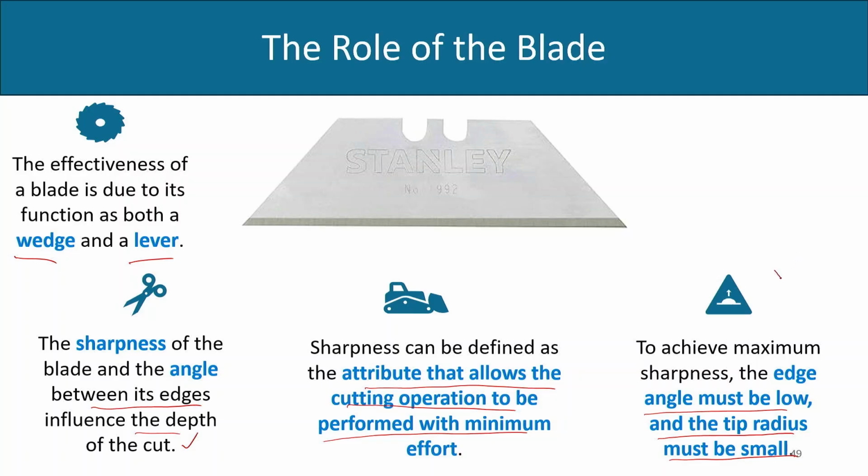Like this is the edge angle theta 1, and this is the edge angle theta 2. So, theta 2 is less than theta 1. That means this one, theta 2, will be sharper.